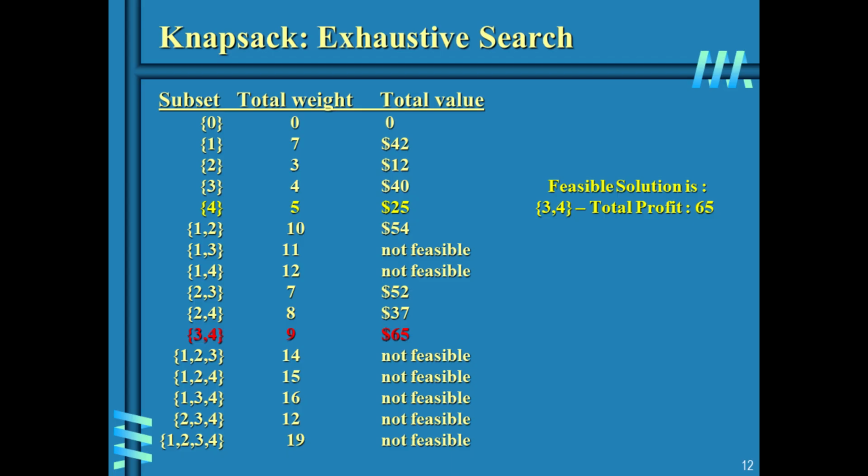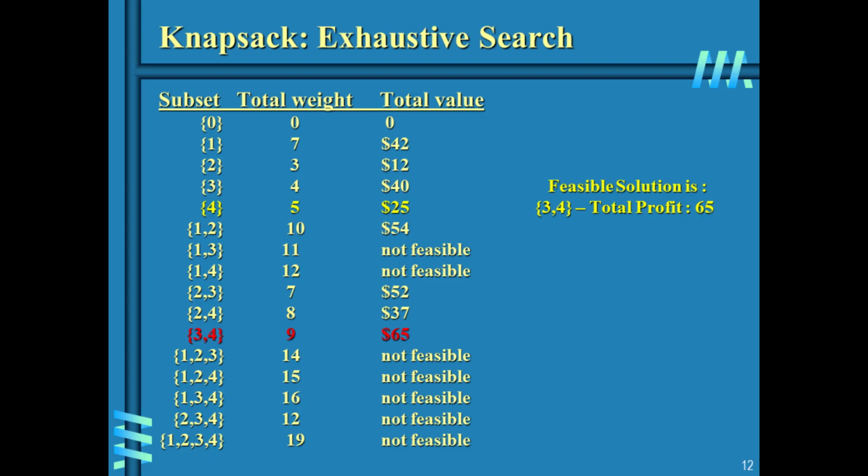Next, item number 2 and 4, whose total weight is 8, which is again less than the knapsack capacity, and the corresponding value is 37. The next possible way is to place item number 3 and 4, whose total weight is 9, which is again less than the knapsack capacity 10, hence their value is 65.